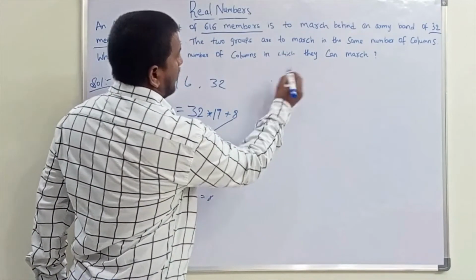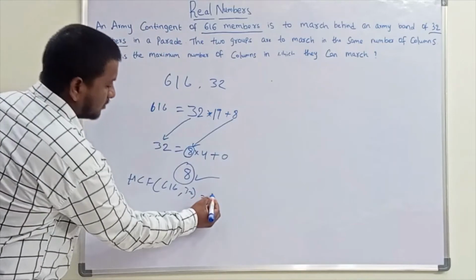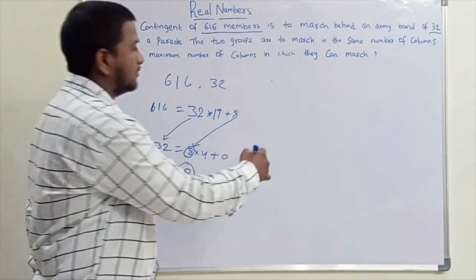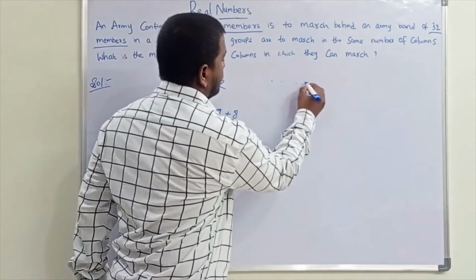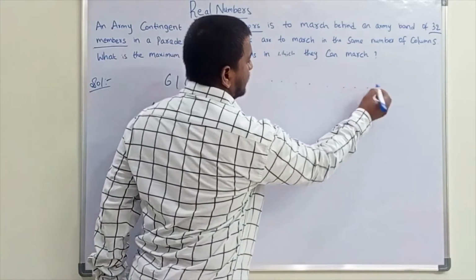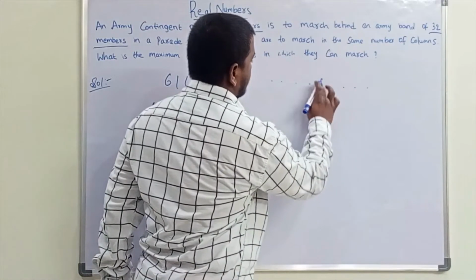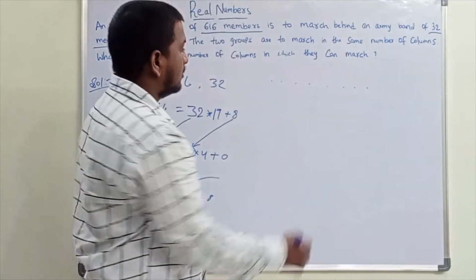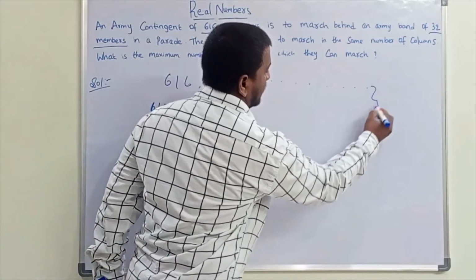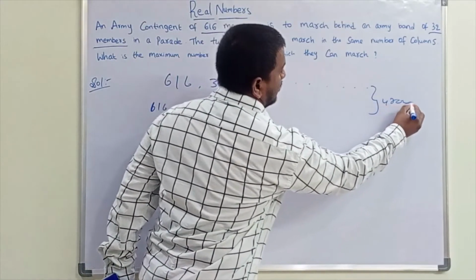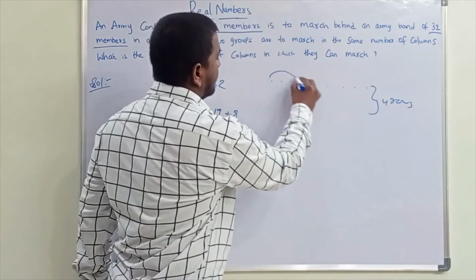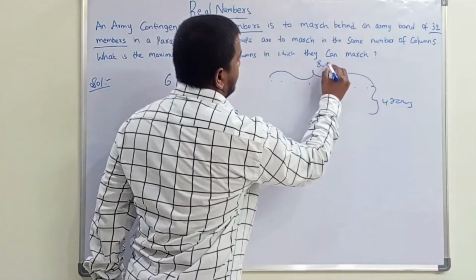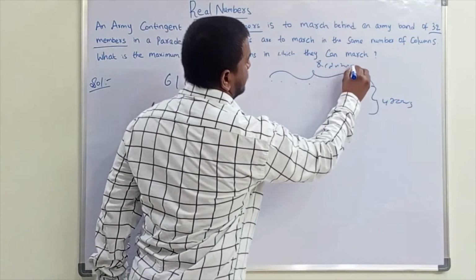So 32 members can have a maximum of 8 columns: 1, 2, 3, 4, 5, 6, 7, 8. So these 32 members will take 4 rows, and each row is of 8 members, right? 8 columns.